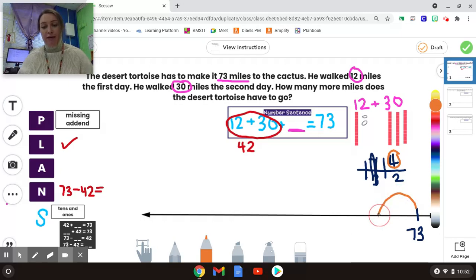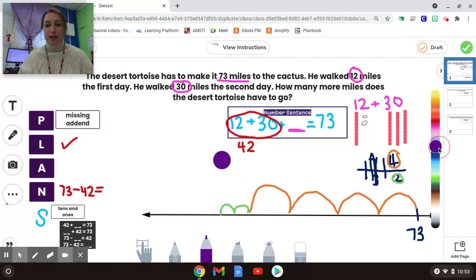Minus 10, minus 20, minus 30, minus 40. Good job. Got that one down. Now I'll use green for my ones. I only have 2 ones. So minus 1, minus 2. Now let's fill in this information. Okay, so 73 minus 10 is 63.